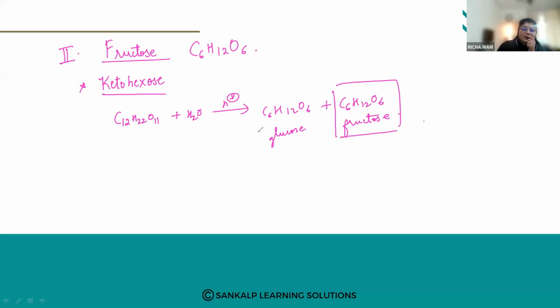Let me write the structure of fructose. The structure of fructose is CH2OH, C double bond O, then H, OH, CHOH, and CH2OH. Please note down the structures. Structures are very important, and you need to practice all the structures.